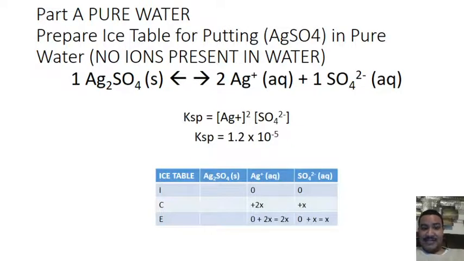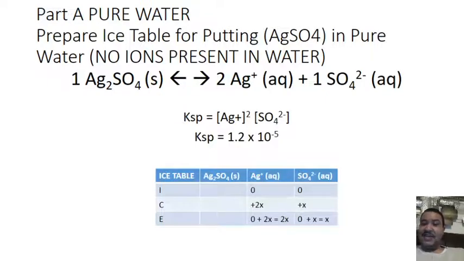Next, we prepare our ice table. Our ice table has an initial concentration of 0 for the silver ions, 0 for the sulfate ion. Now, in the event that there were ions already present, like if we had a solution containing silver or containing sulfate, then these initial values wouldn't be 0.